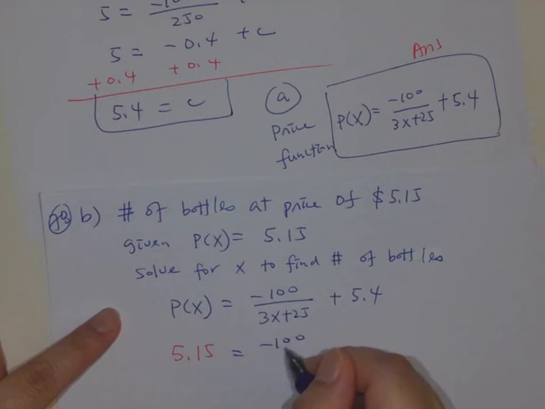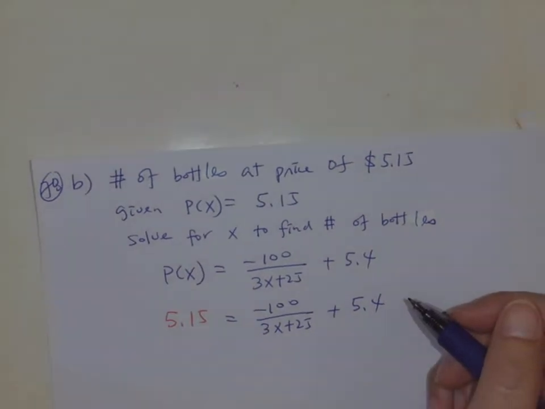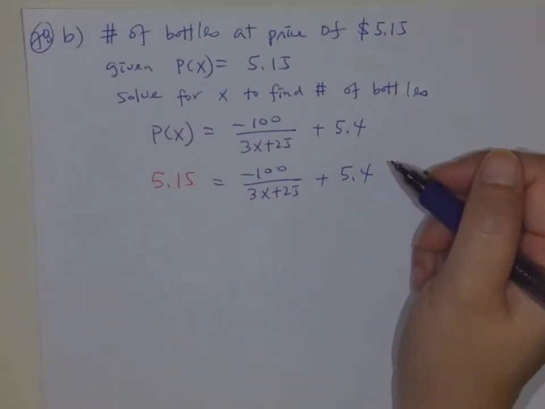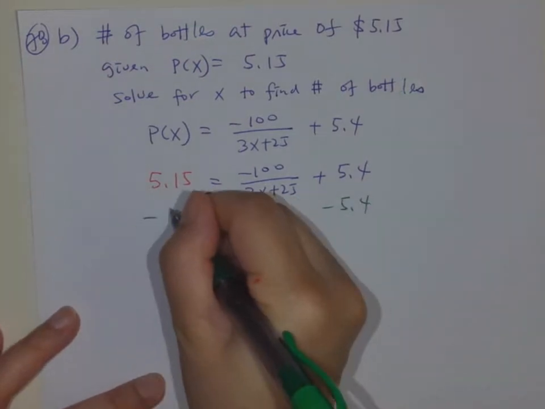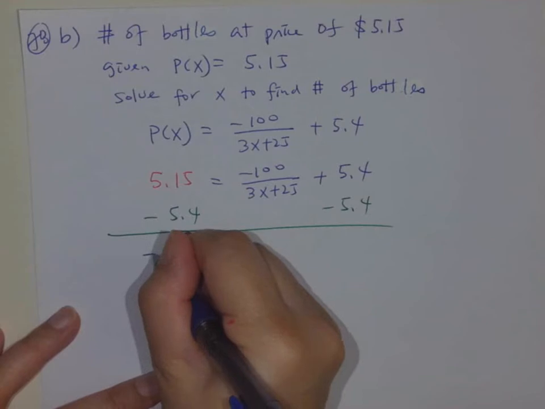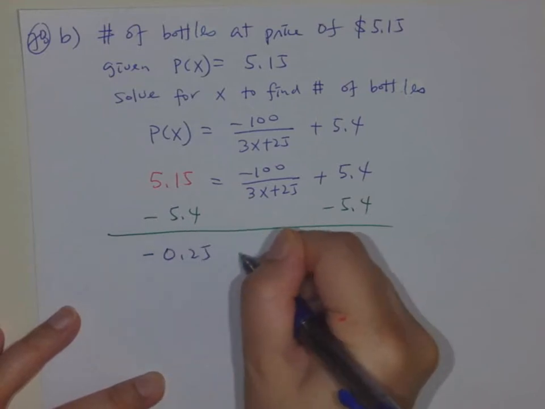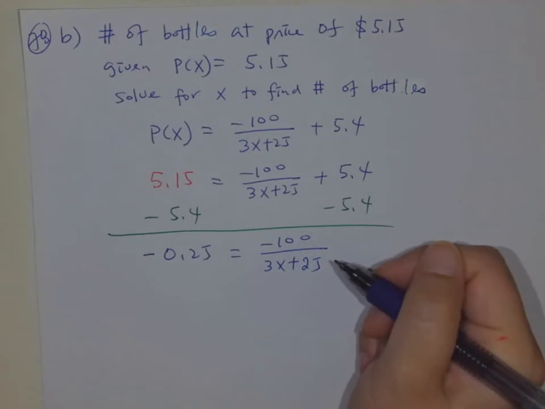First we can move the 5.4 to the other side, subtracting 5.4 from both sides. So that would be negative 0.25 equal to negative 100 over 3x plus 25, right?